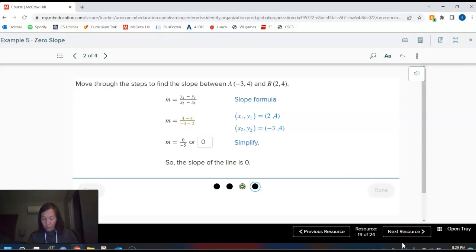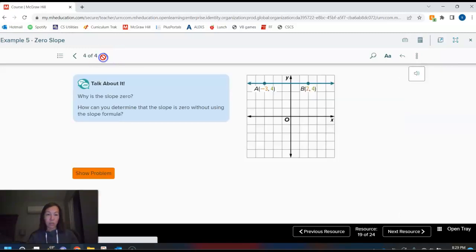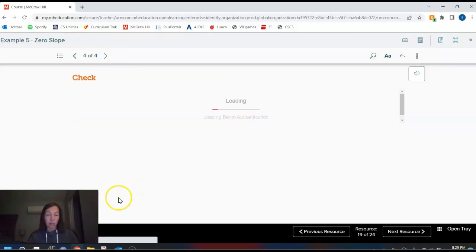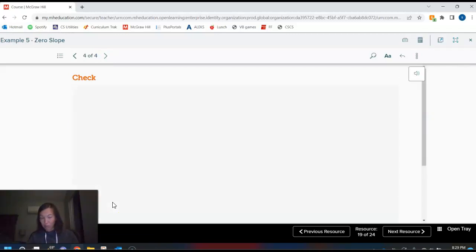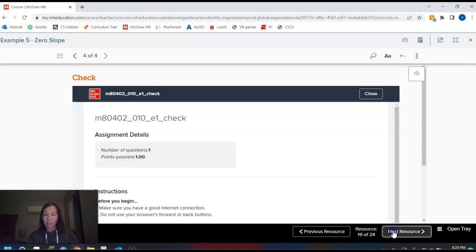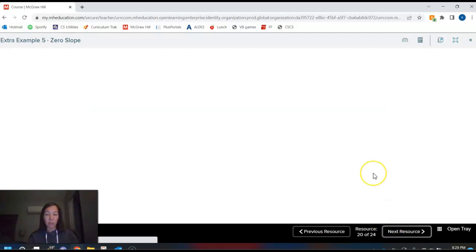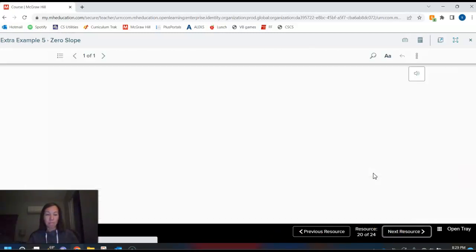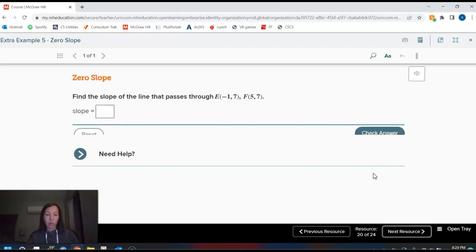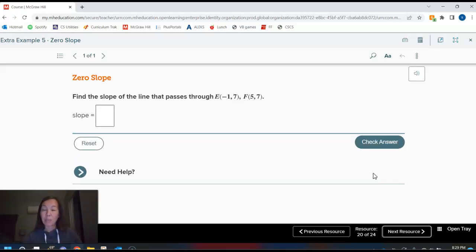Now, in the check problem, I want to do this with you really quick. It gives us the points -4, 5, and 2, 5. Actually, I'm going to let you do the check. I'm going to do this one with you guys. If I want to find the slope of the line that passes through these 2 points, one thing I always recommend doing is draw a picture.